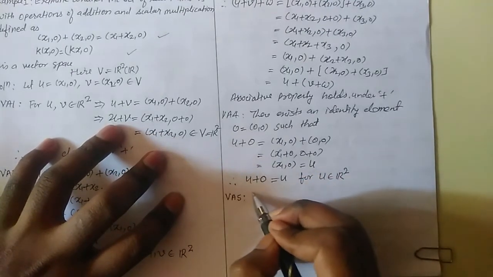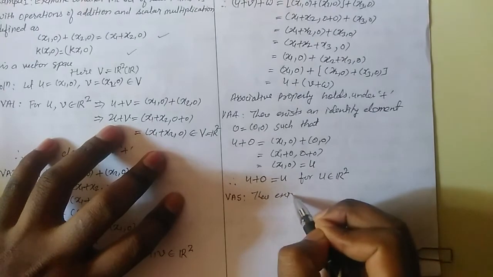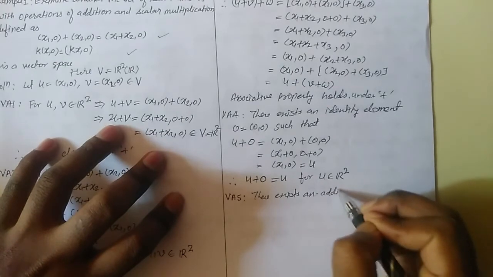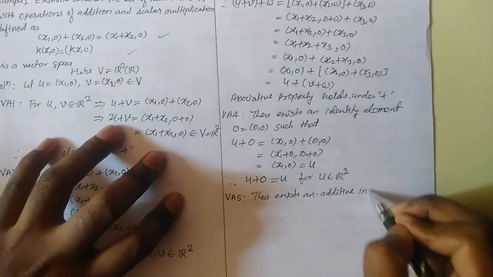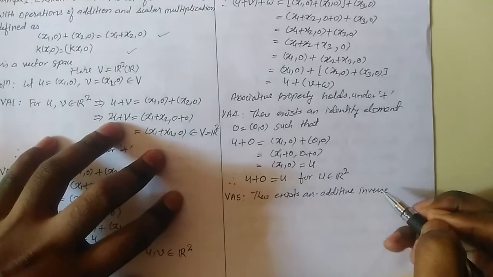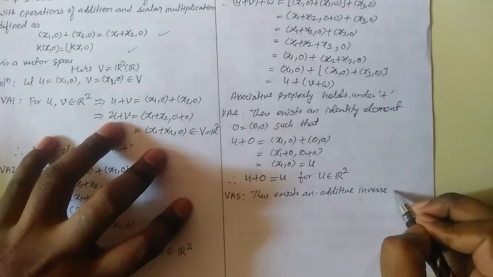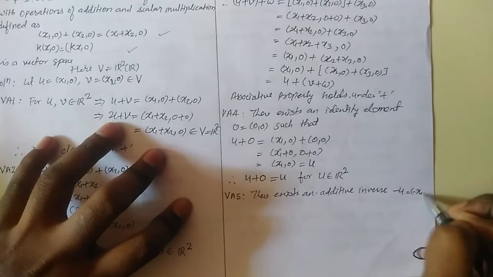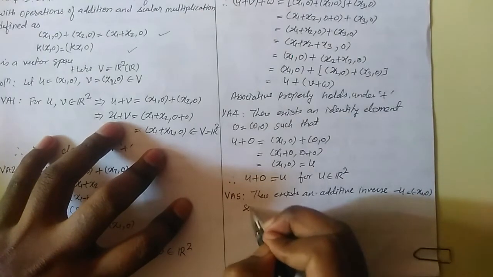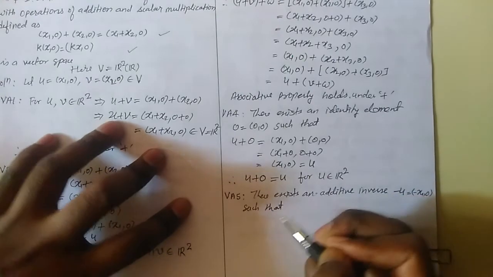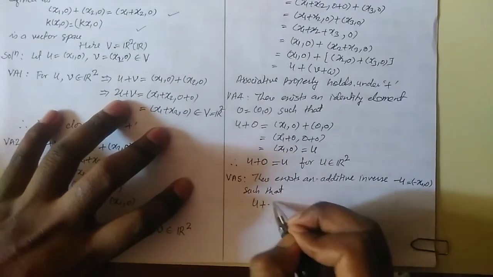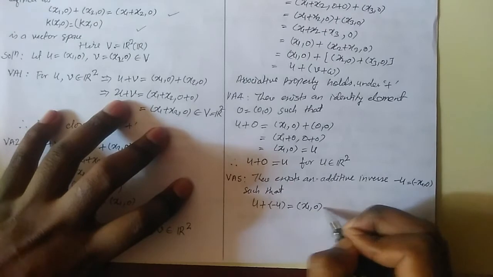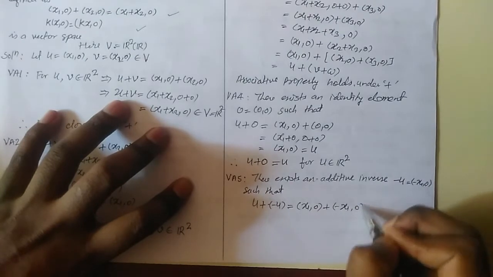There exists an additive inverse, minus u, which is (-x1, 0), such that u + (-u) = (x1, 0) + (-x1, 0).